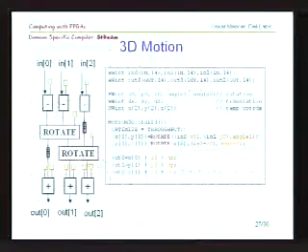Another example here shows a compound arithmetic unit. We can basically build an arithmetic unit that is much more powerful than the general add and subtract. For example, we can have a rotate primitive that takes x and y and an angle and rotates x and y. And we can build a 3D motion circuit where I stream in 3 inputs. The 3 inputs are x, y, and z of a point in 3-dimensional space.